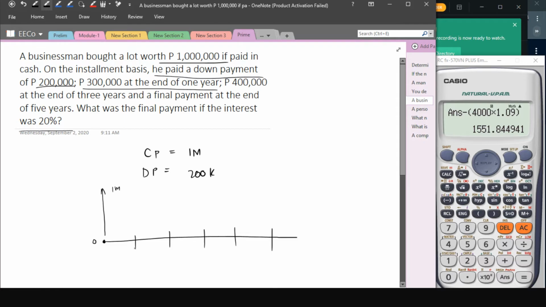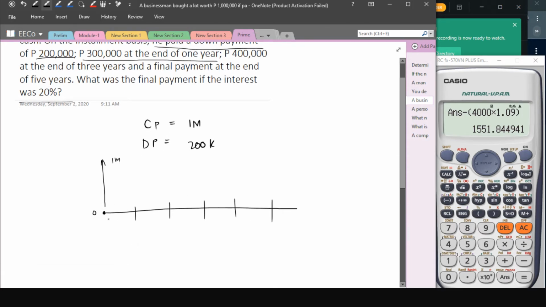Okay, yung 1M mo, hindi mo kayang bayaran eh. Itong 1M na to, kaya nag-down payment ka ng 200K. Yung 200K na yun, mababawas yun dito sa 1M mo. So, ang ibig sabihin yan, meron ka pang utang na 800K. Ito yung natitira sa balanse.